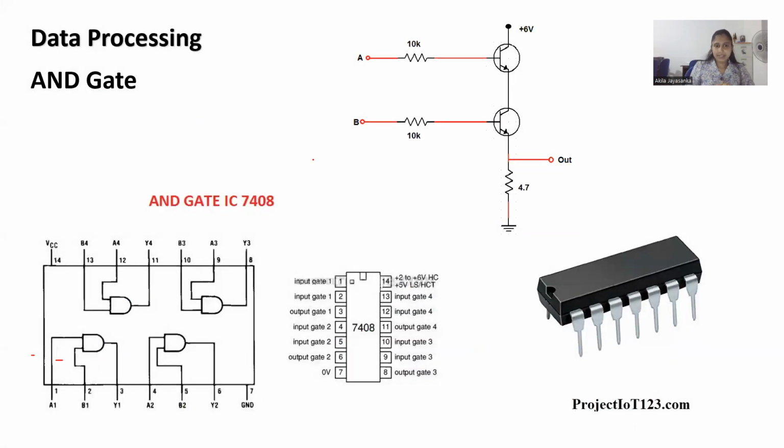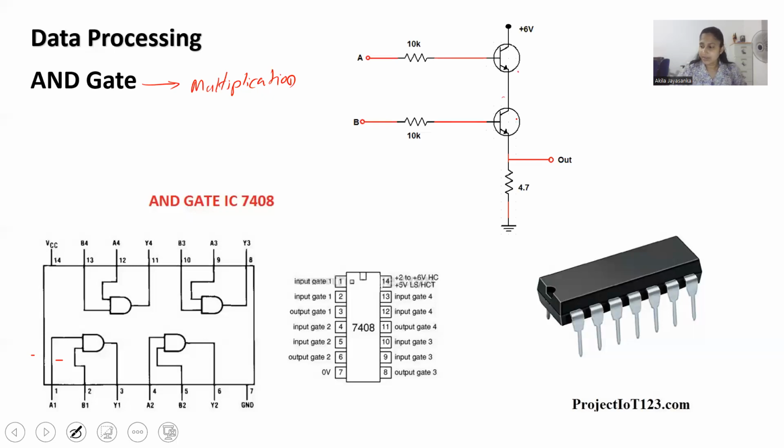Right. Data processing of the AND gate. This is the electronic representation of the AND gate. Right now, you know, the AND gate represents the process of multiplication. This is the electronic version. That means using transistors, we can create an AND gate.